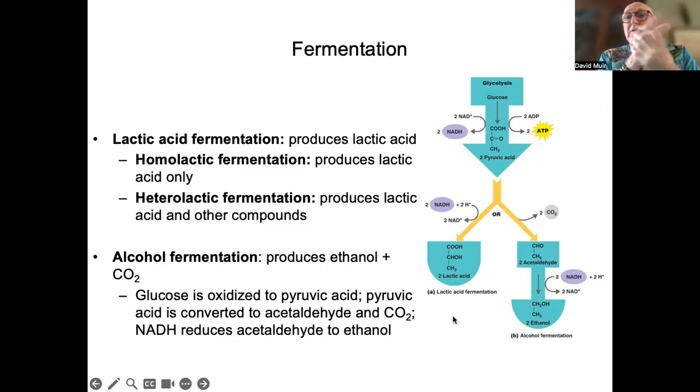These are very useful reactions. First of all, they're useful in the laboratory because we can use them to distinguish one organism from another, and they are characteristic of certain organisms. Second, we utilize these very much, especially in food and food preservation.